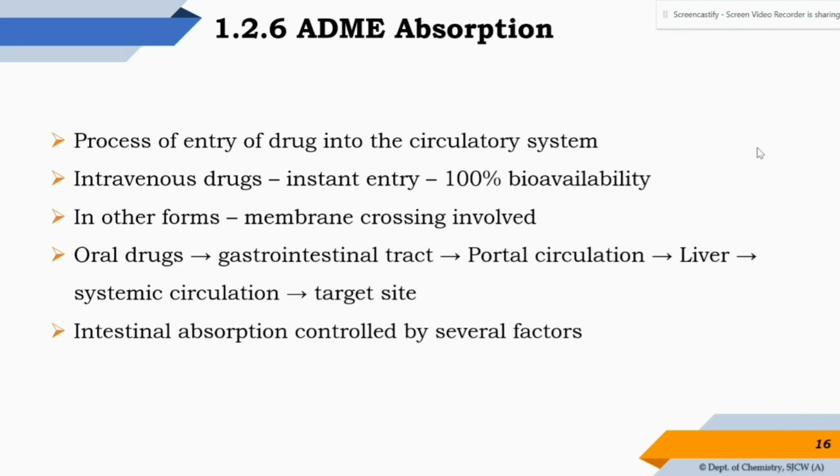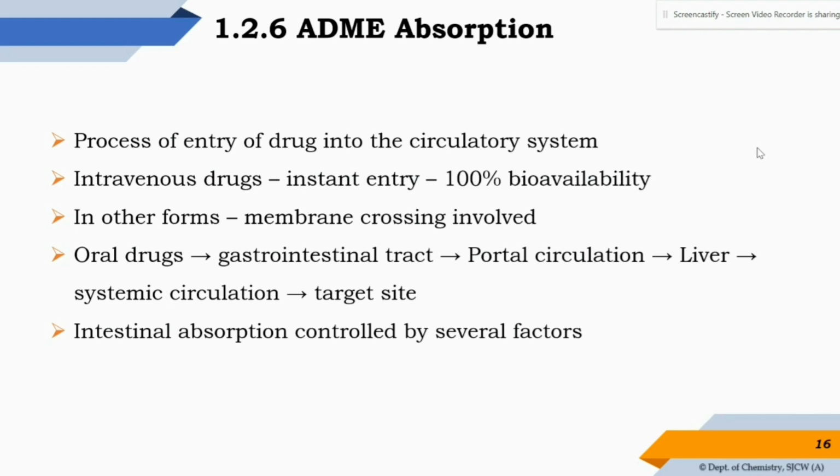We know that intravenous drugs, that means drugs that are introduced into the body through intravenous injection, are given directly to the blood vessel, so they enter the circulatory system instantaneously. That means the moment the needle is inserted into the blood vessel and the drug is injected, that moment itself the drug will start its action.